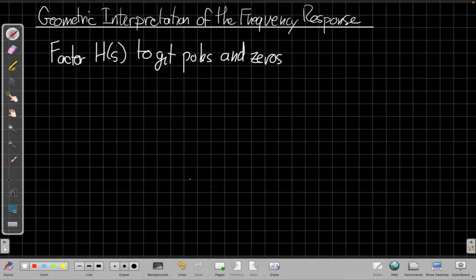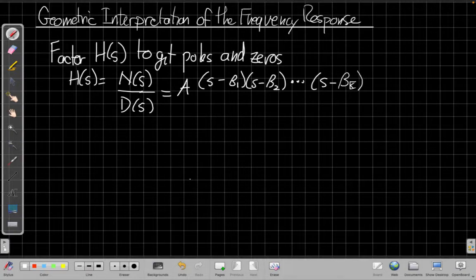So the first step is to factor the Laplace transform of h of t, that is the system function H of s, to get the poles and zeros. Thinking of the Laplace transform as the ratio of a numerator polynomial to a denominator polynomial, if we factor this in terms of poles and zeros, we get some constant A out in front, and then the numerator will have beta 1 through beta sub K, the roots of the numerator polynomial.